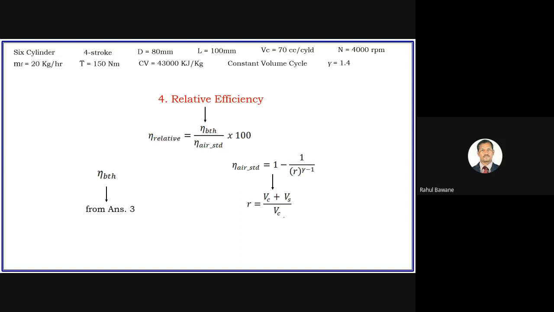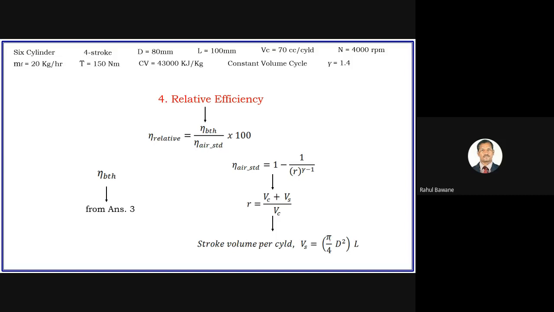Clearance volume they provided, 70. Total volume is clearance volume plus the stroke volume, also called swept volume. So clearance volume we know, we have to add the stroke volume or swept volume. Swept volume or stroke volume is nothing but the volume displaced by the piston, that is area multiplied by stroke length.